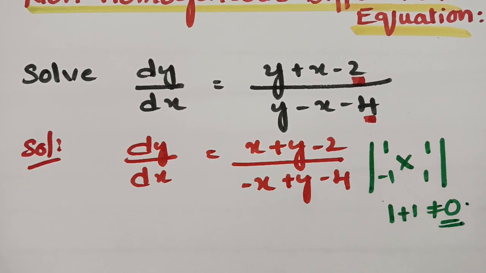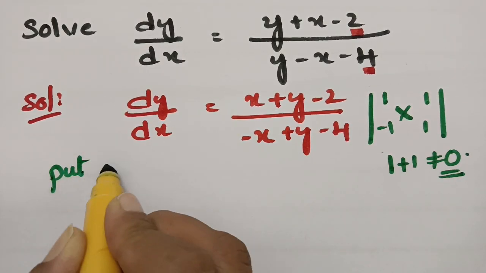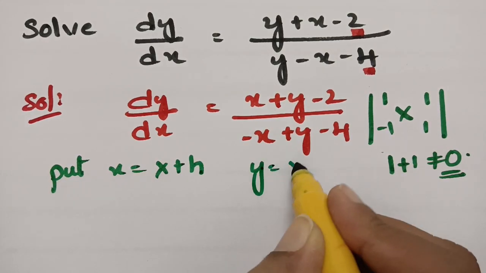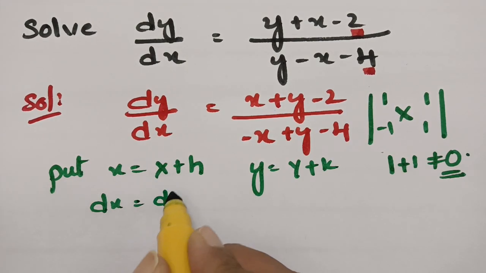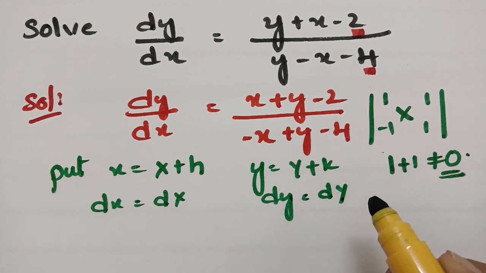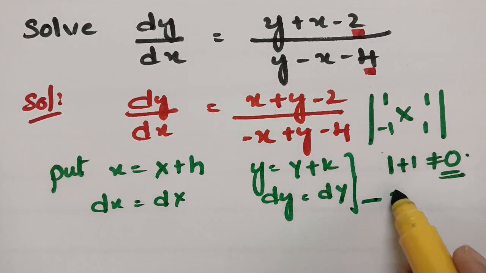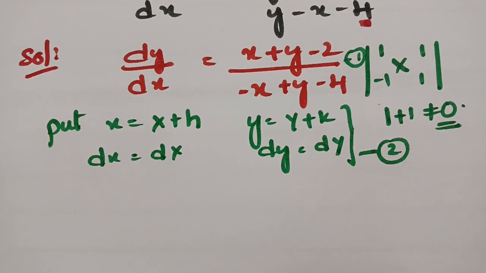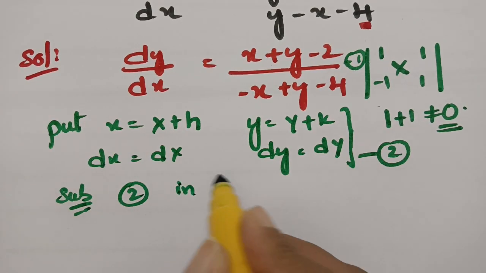When the determinant is not equal to 0, there is a small substitution: put small x equal to capital X plus h and small y equal to capital Y plus k. So small dx will be capital dX and small dy will be capital dY. Just substitute all these values. Name this as equation 2 and this as equation 1, and substitute 2 in equation 1.